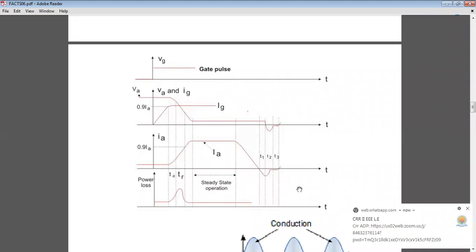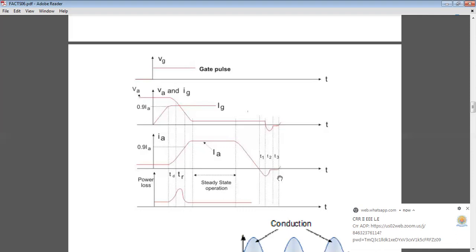We consider different times, TD, TR, T1, T2, T3, but those are not required. During the transition, the current changes from minimum to maximum, whereas the voltage changes from maximum to minimum. During this transition time there are some losses, called transition losses or switching losses.